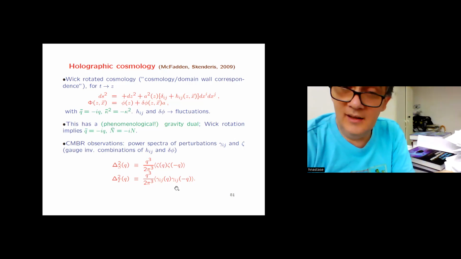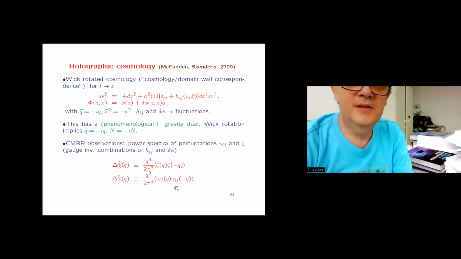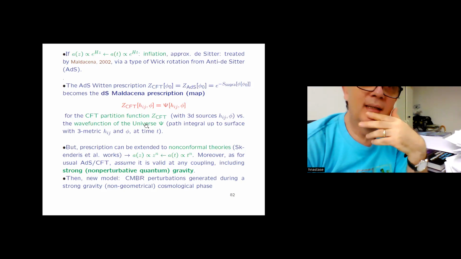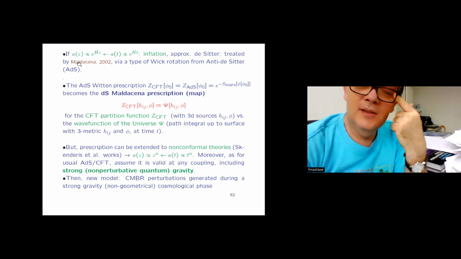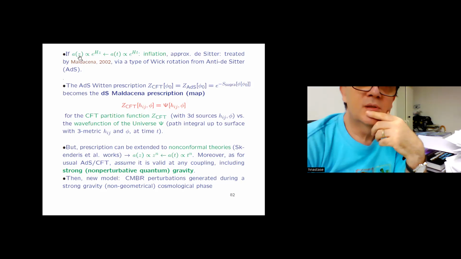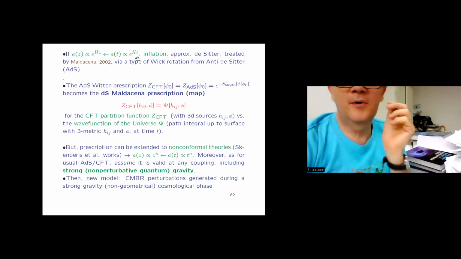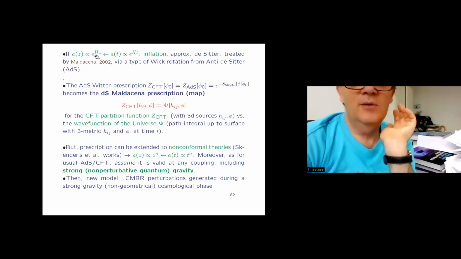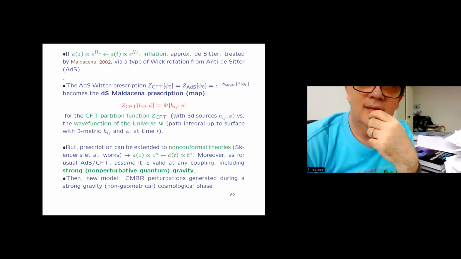But now we have to calculate these things in our holographic cosmology. So how does one do that? Well, this was started by an idea of Maldacena in 2002. Maldacena only considered exponential inflation, I should say, a of t proportional to e to the Ht. Then via this Wick rotation, we would have a of z proportional to e to the Hz, so exponential scale factor.